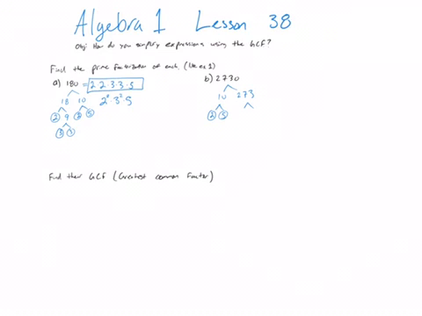So maybe let's try 3. 273 divided by 3. Yes, that's 3 and 91. 3's prime. But what about 91? 2 doesn't go into that. 3, does 91 divided by 3 work? Nope. 4 wouldn't work because 2 doesn't go into it. 5 won't. 6 won't because 2 and 3 won't.